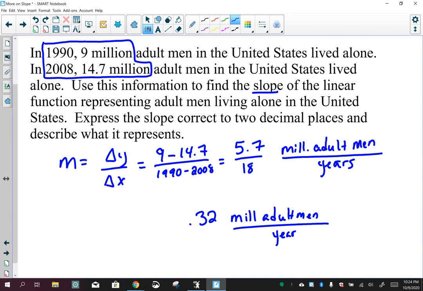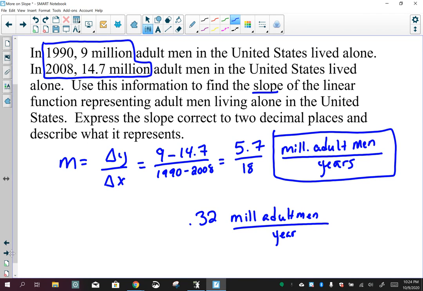So our rate of change is 0.32 million adult men per year. So that's what we're looking at. All that's asking you to do is find the slope for this. And the key thing for these application problems is your units. You have to make sure that when we talk about this, you talk about the correct units.